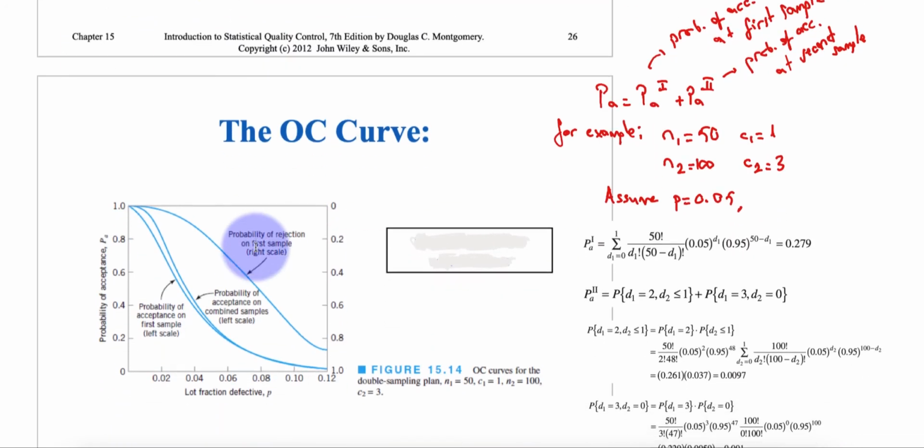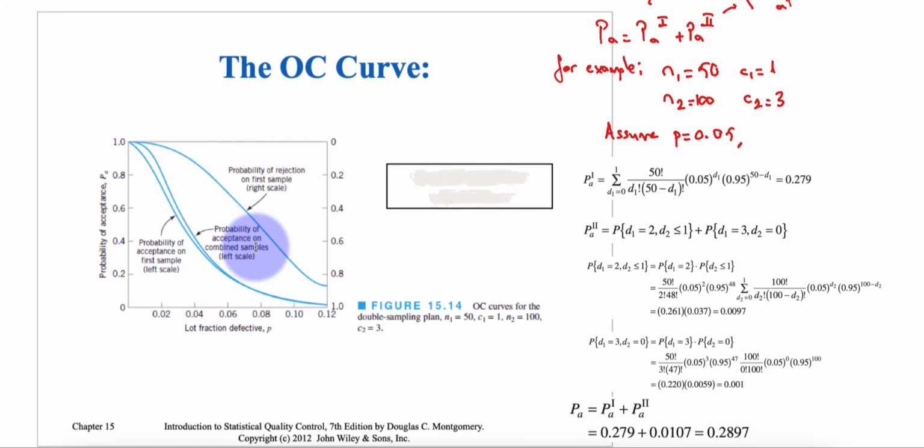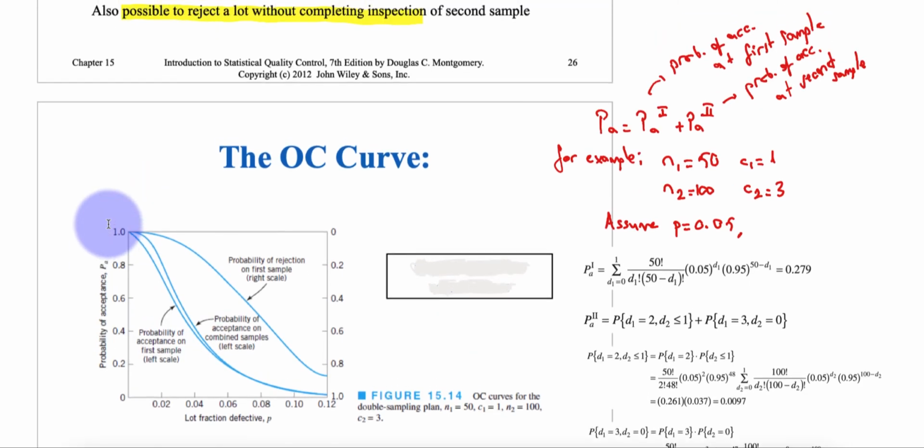Let's see it in the OC curve. How can we calculate that? How can we draw the OC curve of lot fraction defective against probability of acceptance? We will use this formulation. The probability of acceptance is equal to the probability of acceptance of the lot at the first sample plus the probability of acceptance of the lot at the second sample.